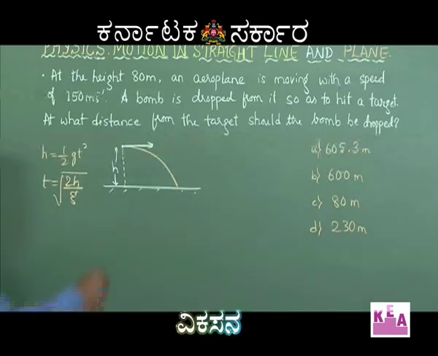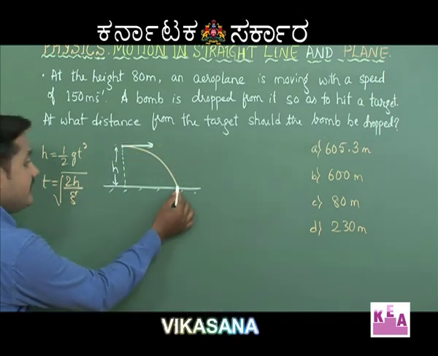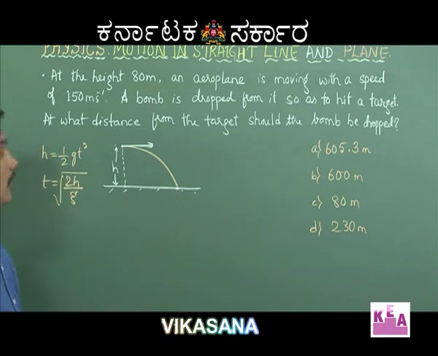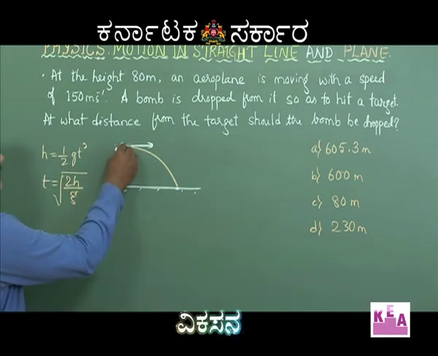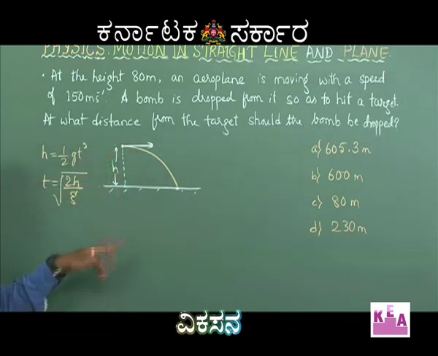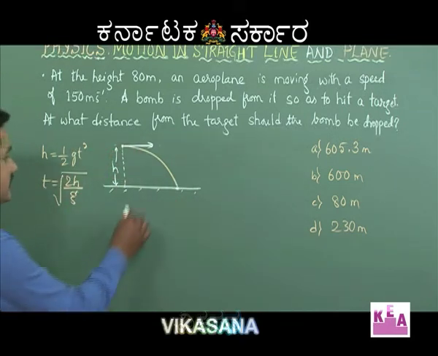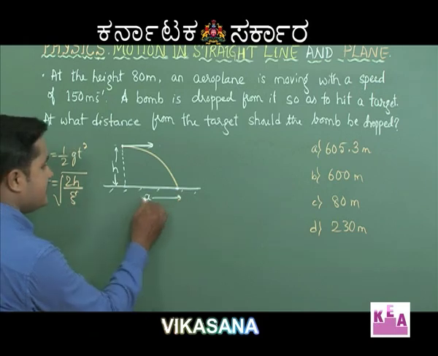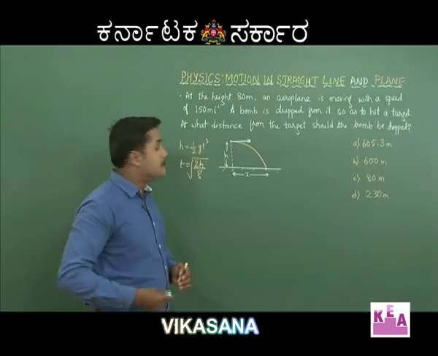For example, if this aeroplane is moving with some horizontal velocity, and if here is a target, the bomb should be dropped here itself, because when you drop this bomb here, it covers a horizontal distance. Let me say that x is that horizontal distance covered by the bomb.